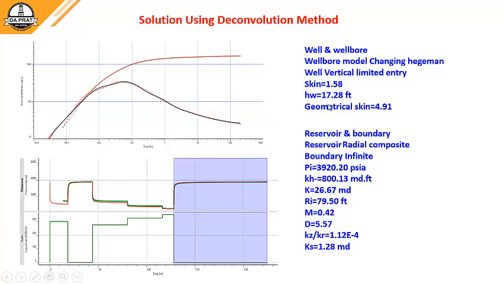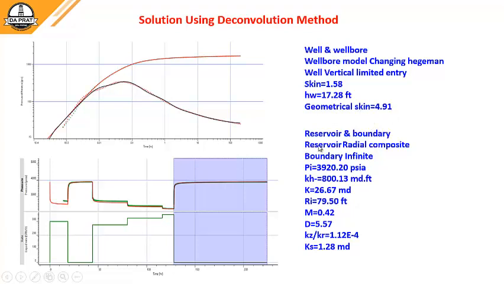So here we got a skin, a partially limited entry, and the thickness of the perforated interval should be 17 feet, and a geometrical skin of 491.